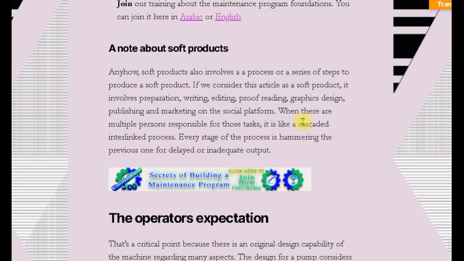And if there are many people performing these activities, then this is a complete interlinked process where someone can be delayed in performing his job because the one before him or the one after him are delaying the job. That's what we mean by interlinked processes that affect each other and affect the cost of the complete process. So even a soft product is a set of interlinked processes, not a single product.